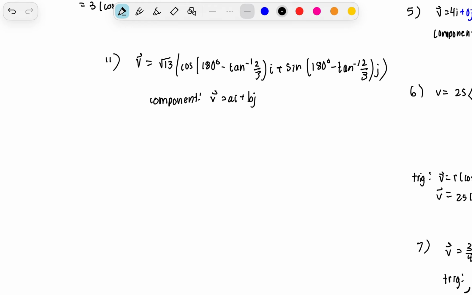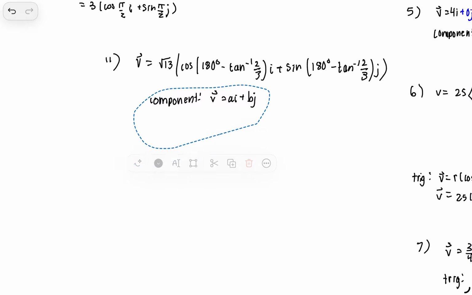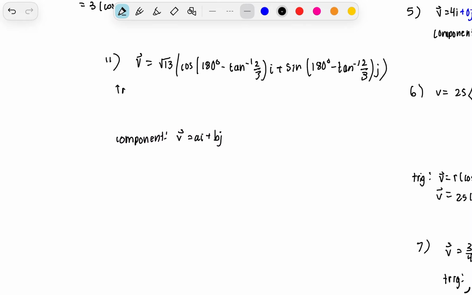So we can first see that this is currently in our trig form, because we have the form where we have a vector r cosine theta i plus sine theta j.